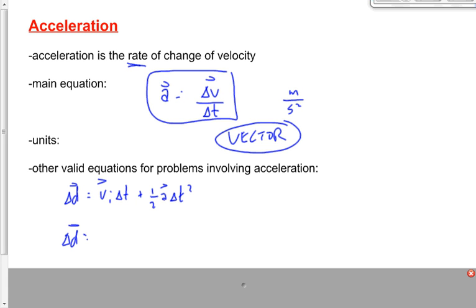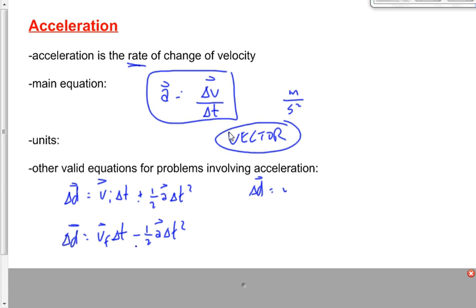D is equal to VFT minus 1/2 AT squared. So you can get the same displacement, but this time using the final velocity as opposed to the initial velocity. VFT minus 1/2 AT squared. Note the difference here, plus and minus. Here's another one.